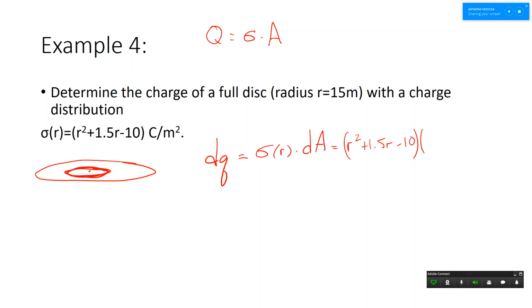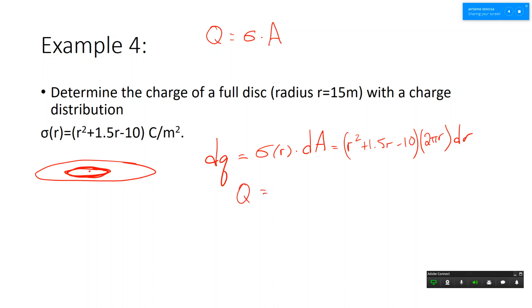Now what's dA? What's the area of my tiny ring? Exactly. It's the circumference of my ring multiplied by its tiny thickness. What is its tiny thickness? dr, exactly. And that's the charge of only one ring, and it's not the one I want to know. I want to know the charge of my entire disk, so I'll add them all up. So I'll integrate.